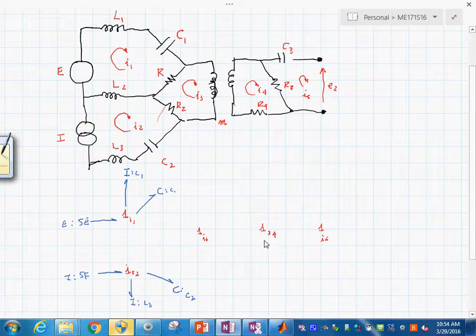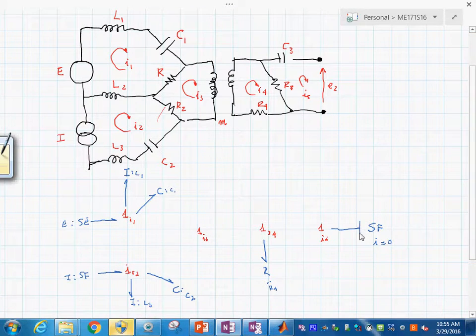This other one in here is an important one. I am going to model this as a source of flow with I equals 0. So this is going to be like this, and the way you model this is you put a little arrow like this, which means it's an activated bond.